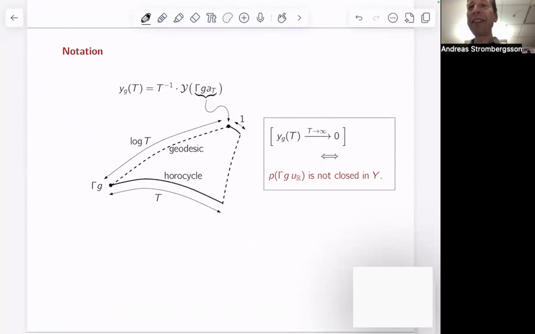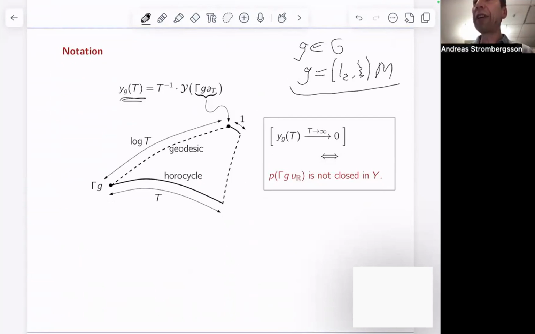So Y_{G,T} looks at, remember G is an element in G, and soon I will actually write, as I did before, the torus fiber part given by Xi, and then M is the matrix in SL2R. This Y_{G,T} looks only at the M.